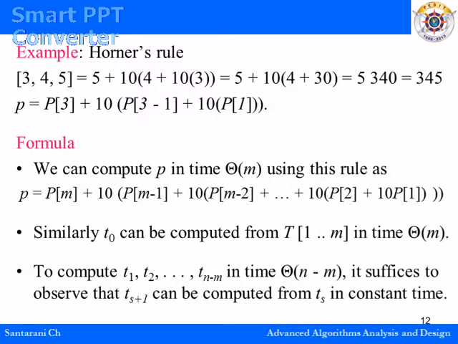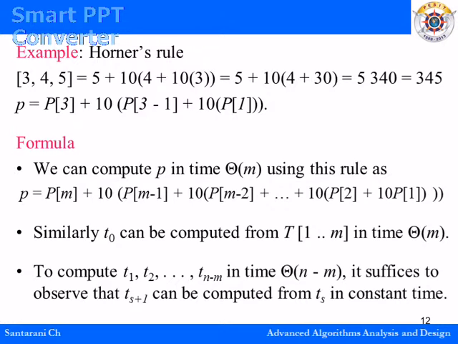So from here we can derive the general formula for computing p in time theta of m. The rule is p equals p[m], the lowest order digit, plus 10 times (p[m-1] plus 10 times (... plus 10 times p[1])). Similarly, t_0 can be computed from T[1..m] in time theta of m.